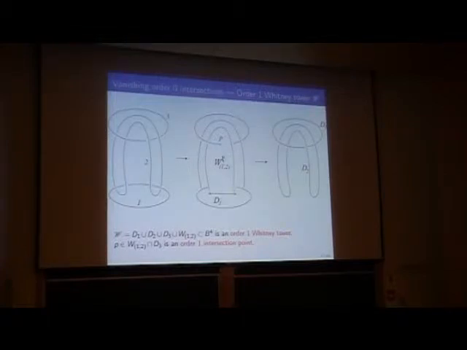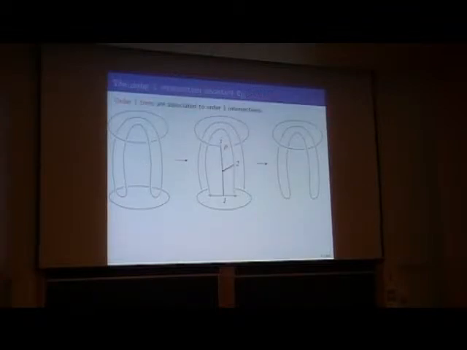And then it has a transverse intersection with disk 3 in its interior. So you can think of putting a base point in the middle of the Whitney disk, and then there are two directions downward. You can go to one boundary arc that lies on disk 1. You can go to one boundary arc that lies on disk 2. And then you can go up to the transverse intersection point.